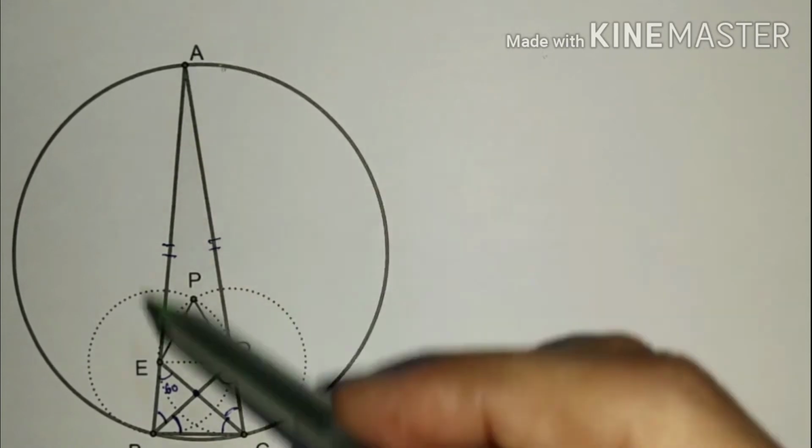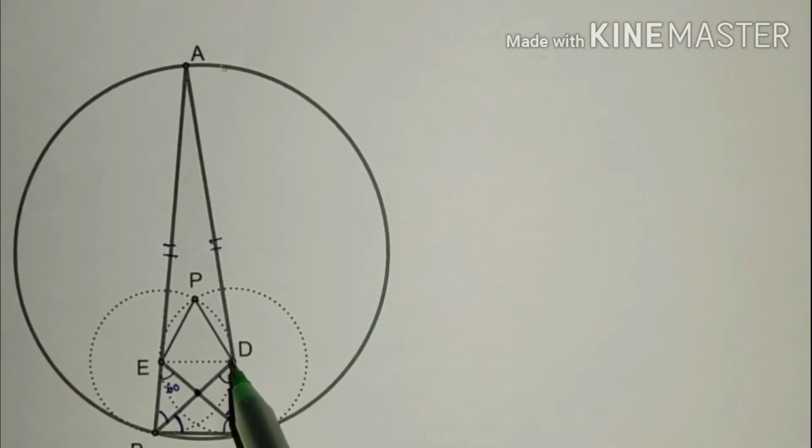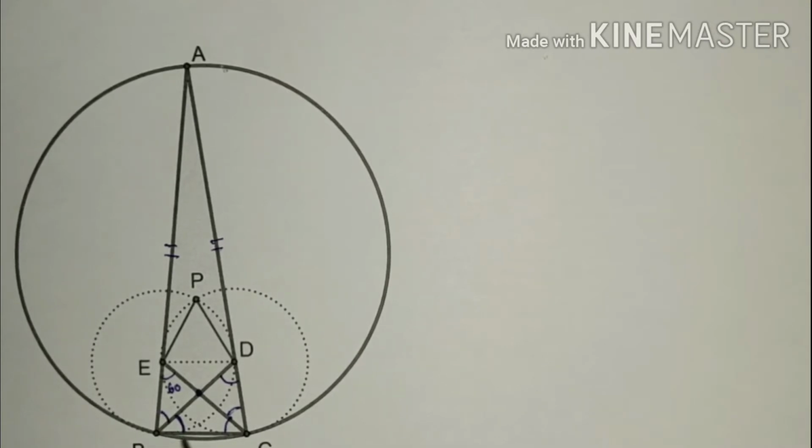But AB is equal to AC, and EBD and DCE both are congruent triangles, by angle-side-angle. And if they are congruent then EB is equal to this.